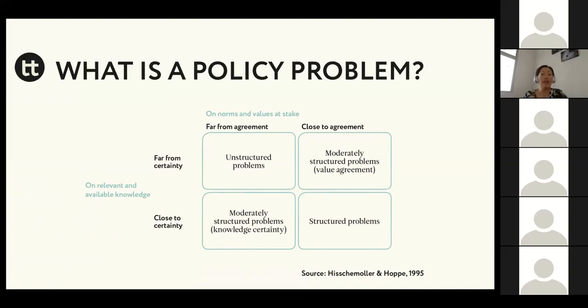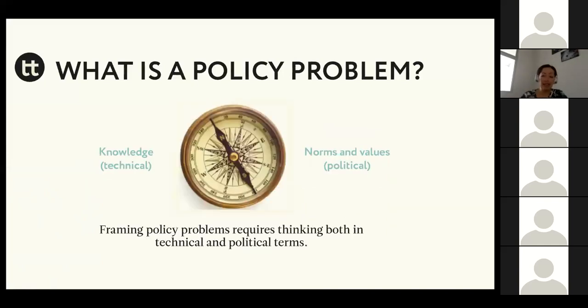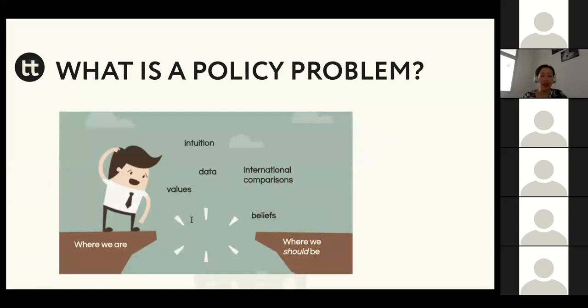And then there is the second dimension, which is around the norms and values at stake. And here's the political part of the policy problem. Here it's more about agreement. So it could be that we are very close to agreement on what we want, to understanding where the landing point is in this graph.